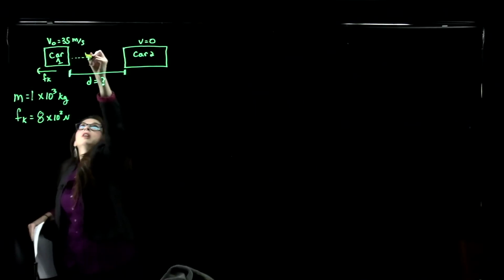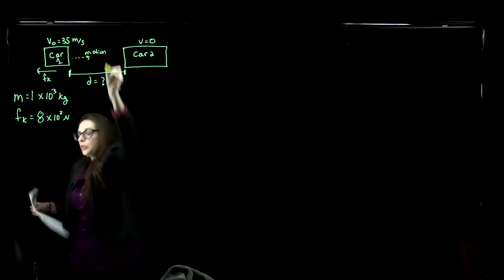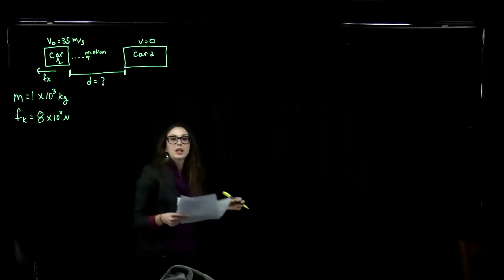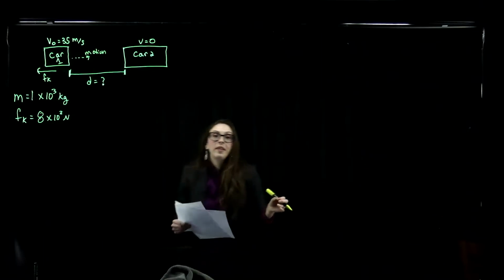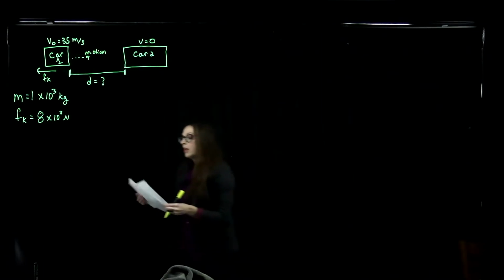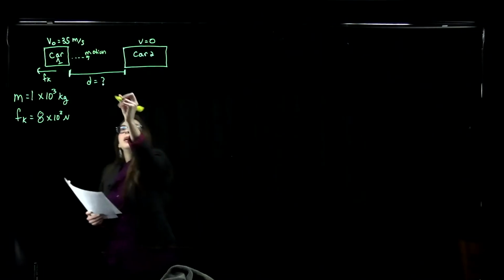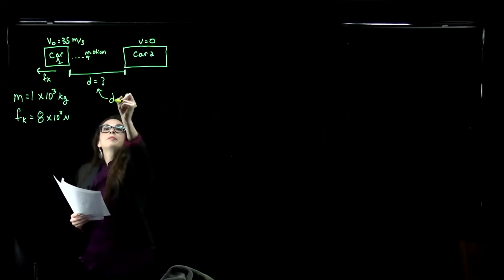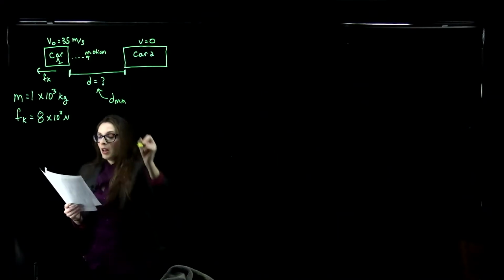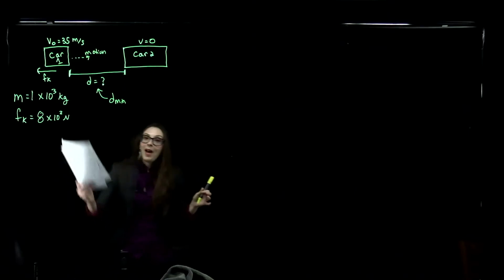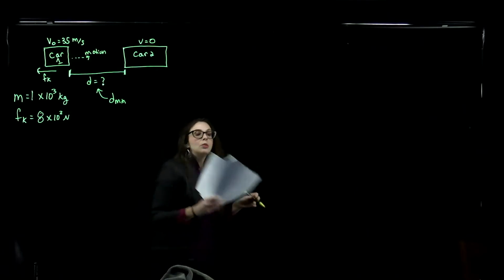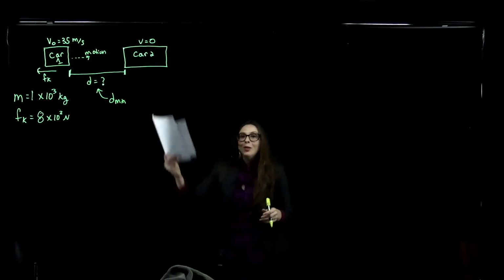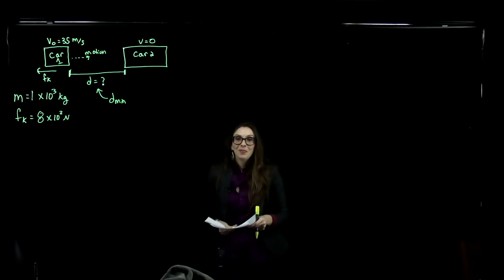Here is our direction of motion. So, using our work-kinetic energy theorem that we just derived, we want to find the minimum distance the brakes should be applied on this car in order to avoid a collision with this other vehicle.